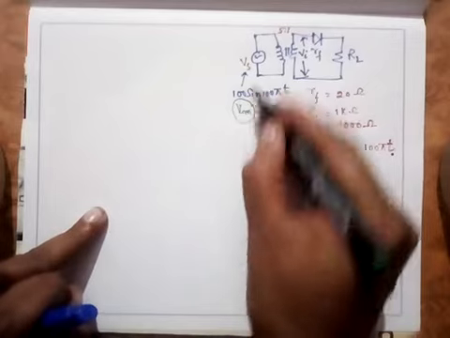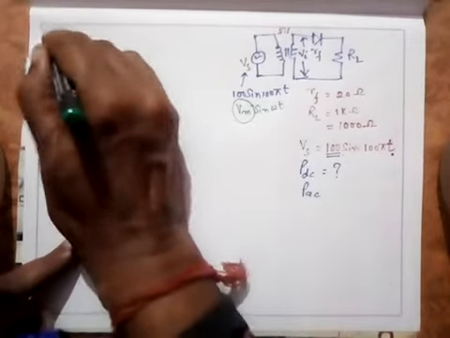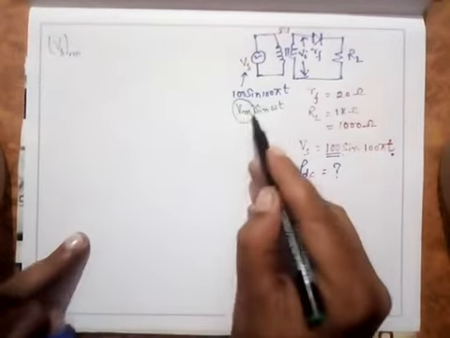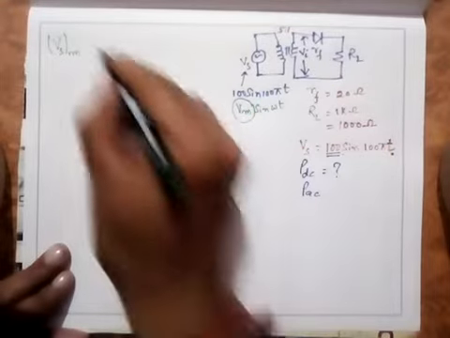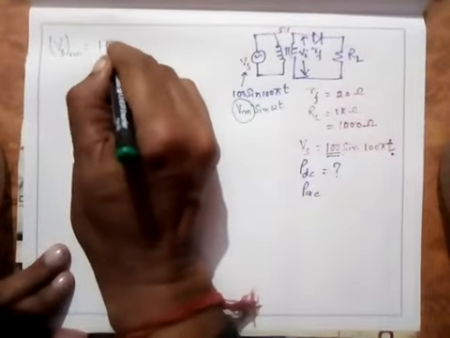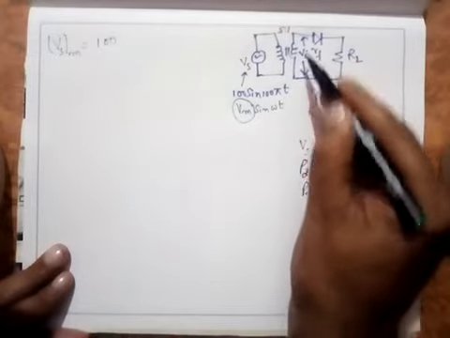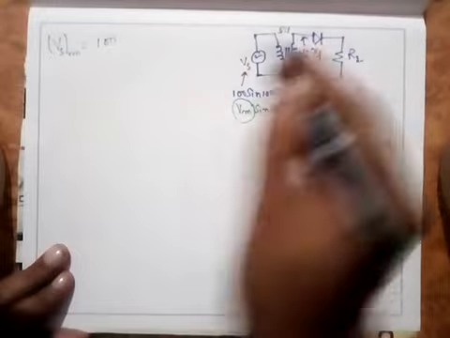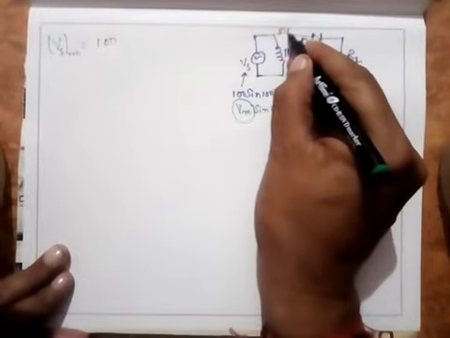Suppose I say that this is Vsm, that is the maximum value. Instead of writing Vm, I say that the maximum value of this supply voltage Vs is 100, but I am interested in the maximum value of the voltage at this point. By the transformer equation, V1 upon V2 is equal to N1 upon N2.